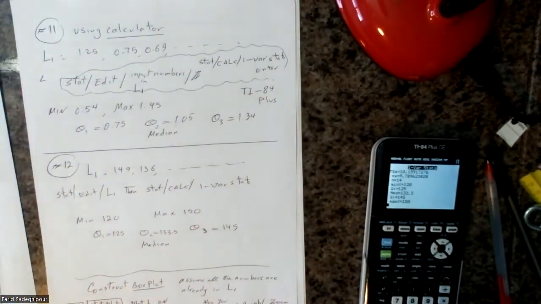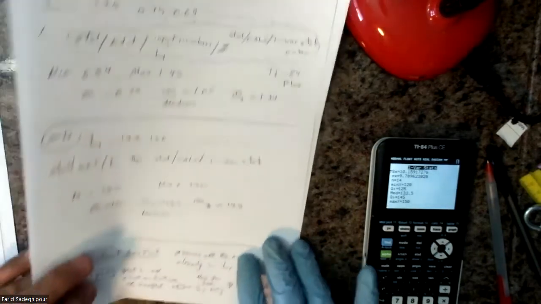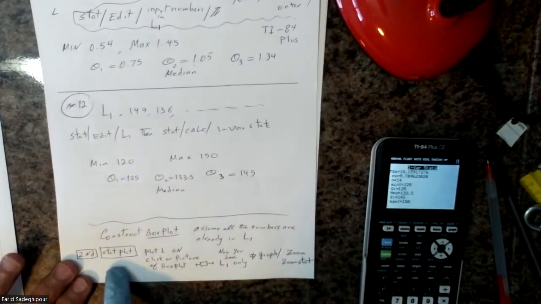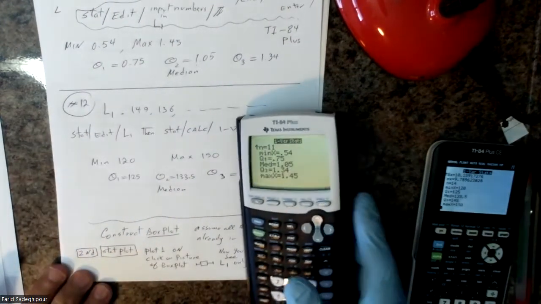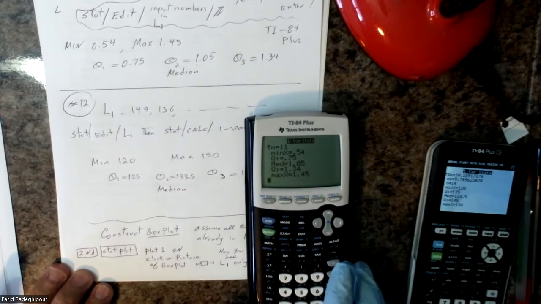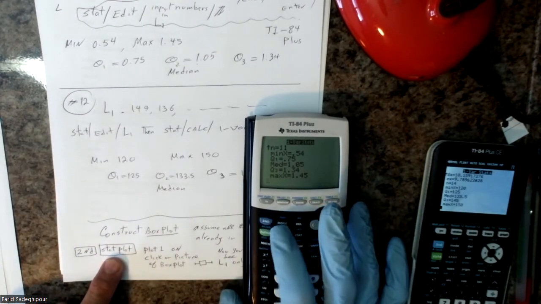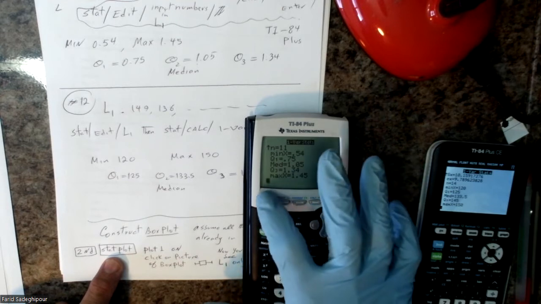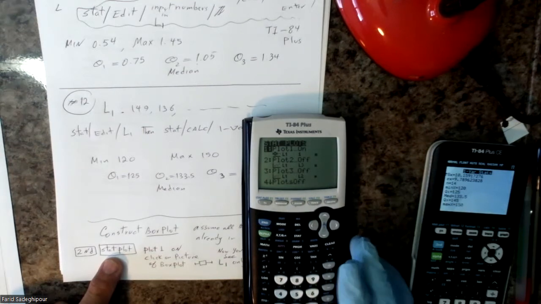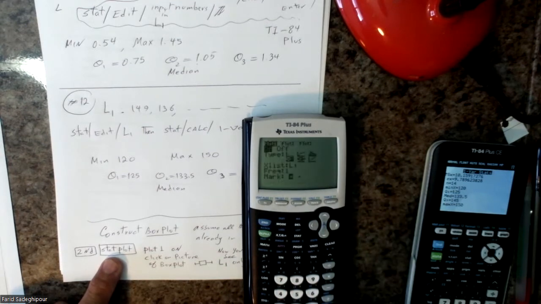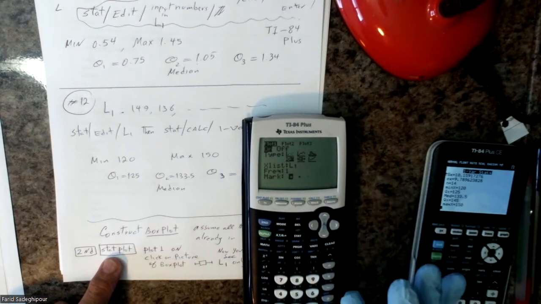Now, if you want to construct your box plot, if you want to see the box plot, then for this one, you go to 2nd Stat Plot. This is the second, and the Stat Plot is the blue one below. So you go 2nd Stat Plot. Make sure the first one is on. If it was off, bring it to on.